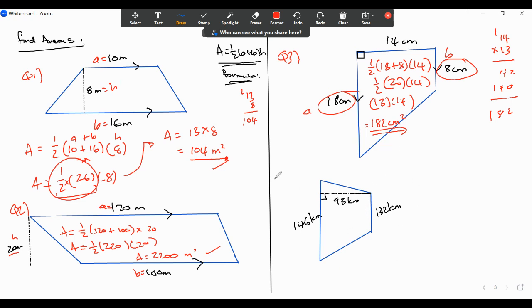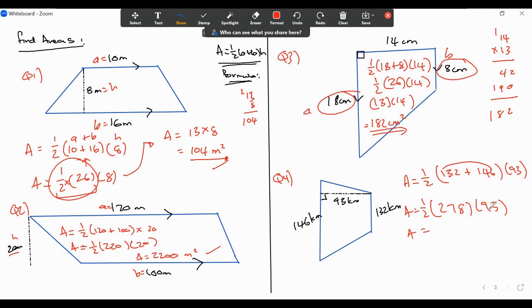Now, next one. Area is equal to half A plus B, so 132 plus 146 multiplied by 93. That comes to 278 times 93.